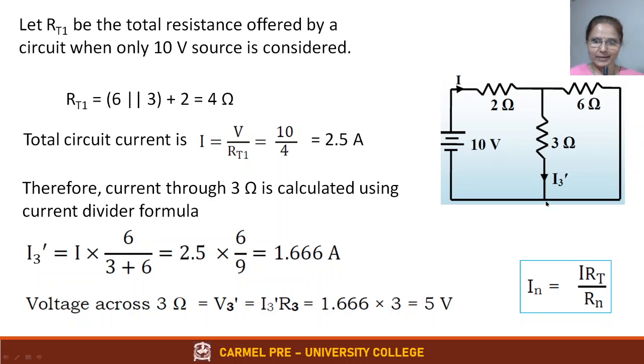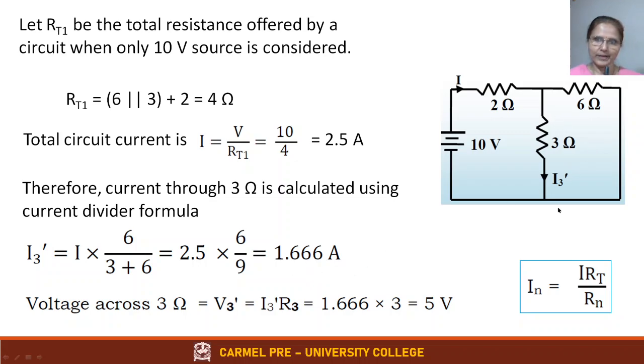So IN is our I3 dash, is equal to total current I is equal to 2.5 into total resistance is 2 ohms divided by 3. So 2.5 into 2, which is 5, divided by 3. 5 by 3 is equal to 1.666 amps.